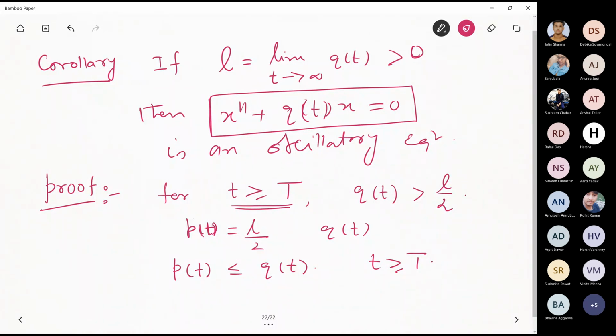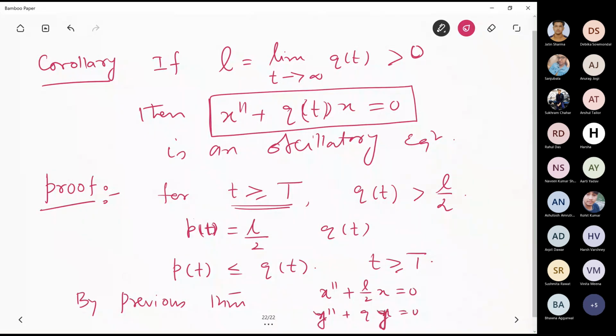So every solution of the equation with Q has a zero between two zeros of the other. Now you have p(t), q(t) greater than or equal to L. So by the previous theorem, we compare x double prime plus L by 2 into x equals 0 and y double prime plus q into y equals 0.